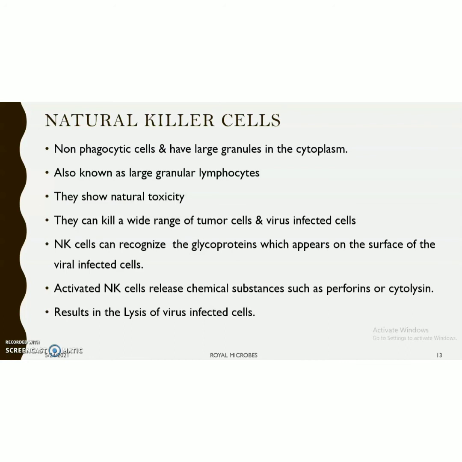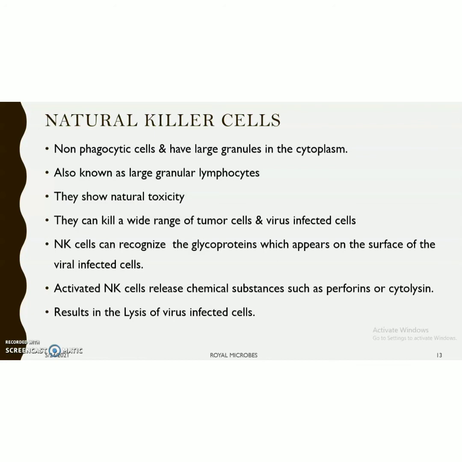This is by a mechanism in which they recognize the glycoproteins which appear on the surface of virus infected cells. The virus infected cells produce some altered spikes or antigens on their surface, so that natural killer cells can easily recognize these structures and directly kill these virus infected cells.